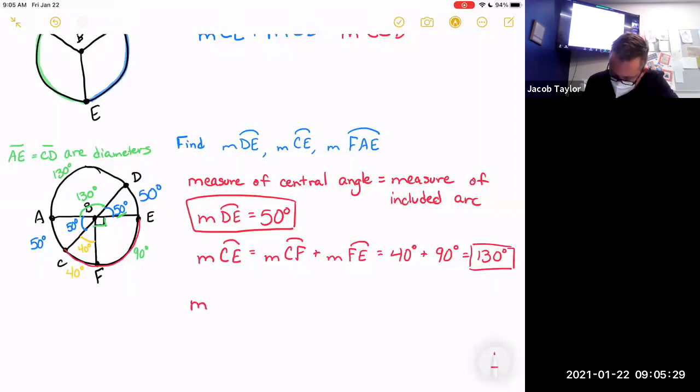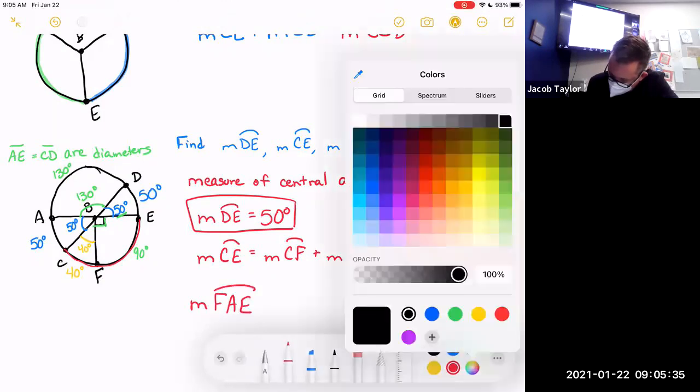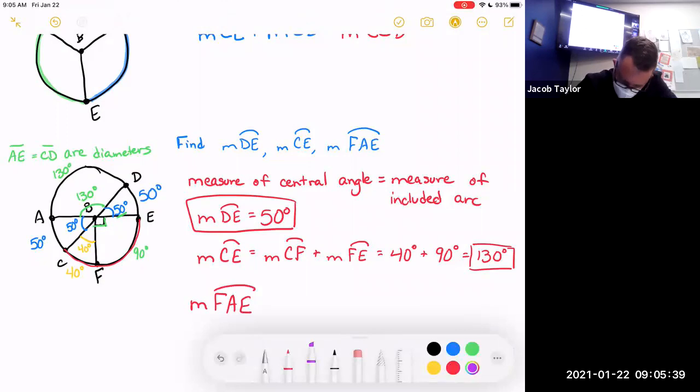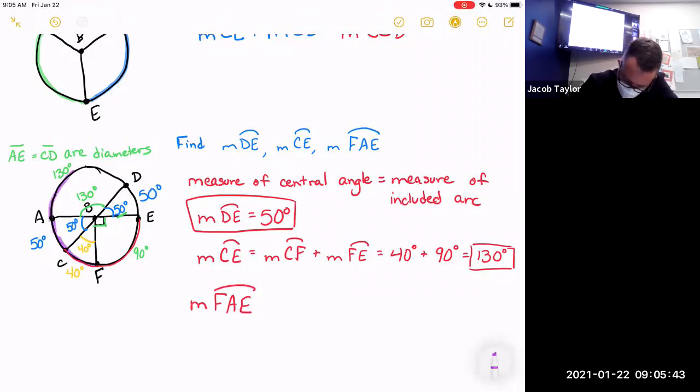And then finally, we need the measure of arc FAE. So FAE is a major arc. And Emily says 270, which is correct. There are two different ways you can get this. What are they? Good.